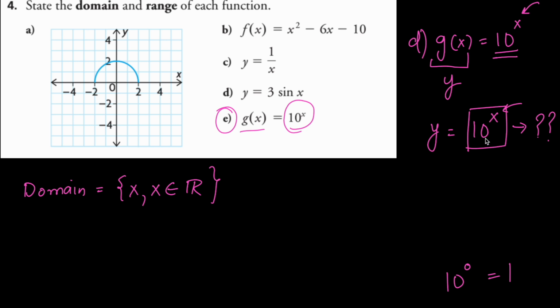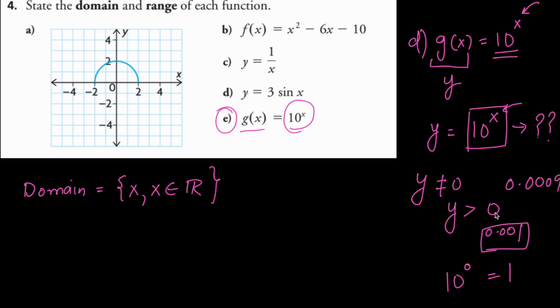So this number can never be 0, although it can be decimals between 0 and 1. So what am I going to say? That y can never be 0, but y can be greater than 0. Greater than 0 means it can be a decimal that looks like 0.0009 or 0.0001, but it is never going to be exactly equal to 0.